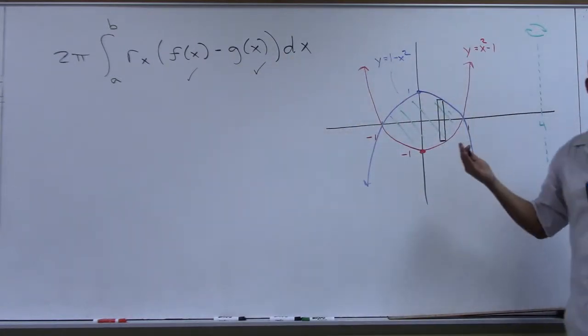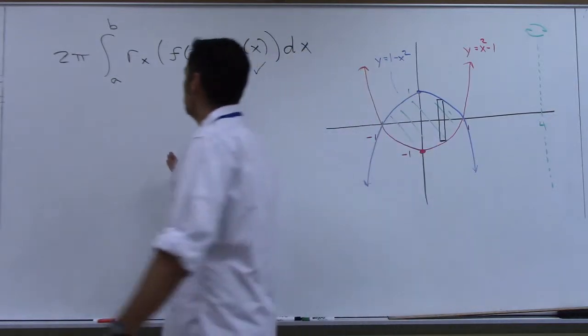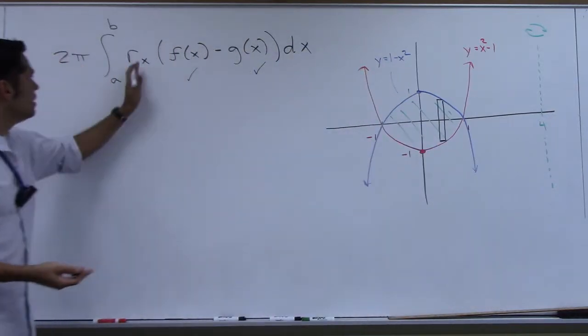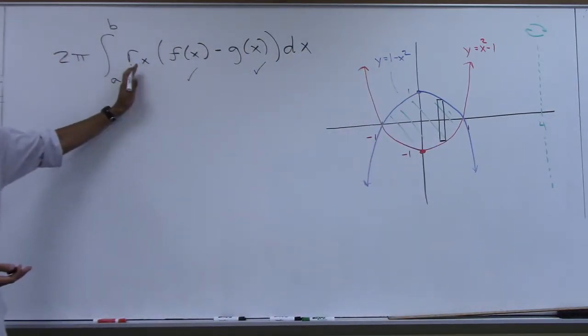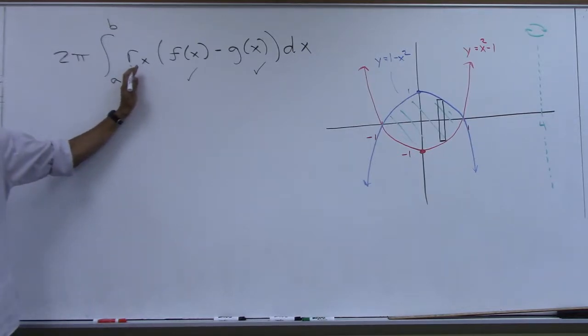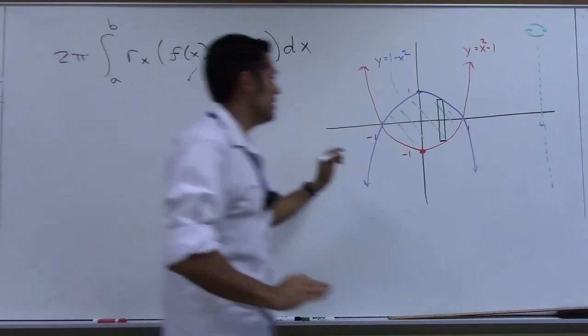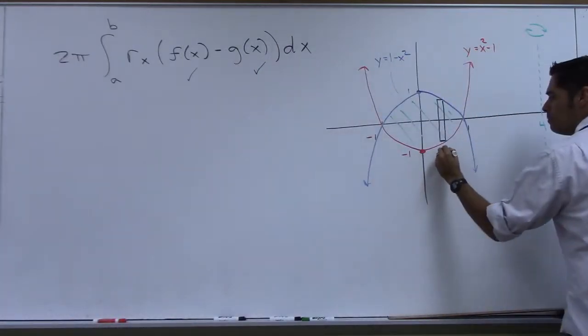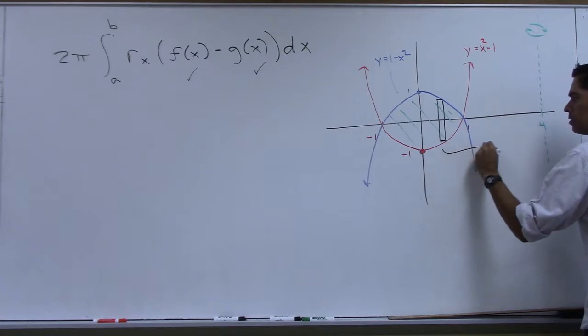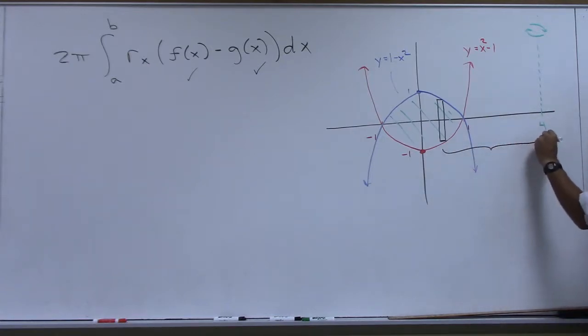So the only thing really left for us to find that's going to take some work is the radius, which is the distance from the rectangle to the axis of rotation.